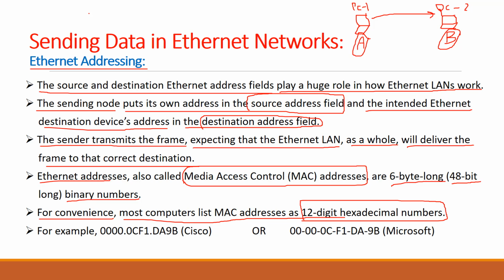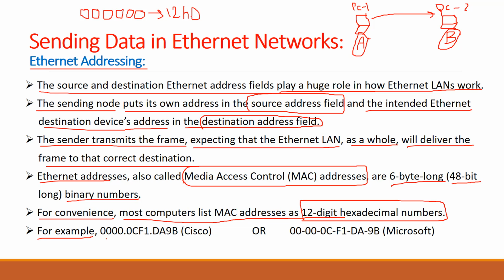So if we say here we have 1 byte, second, third, fourth, 1, 2, 3, 4, 5, 6 bytes, we will have 48 bits, and these 48 bits will be represented in 12 hexadecimal digits.